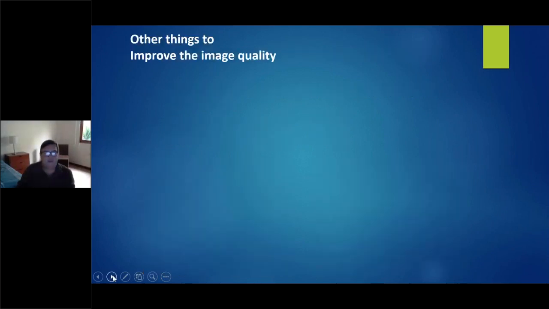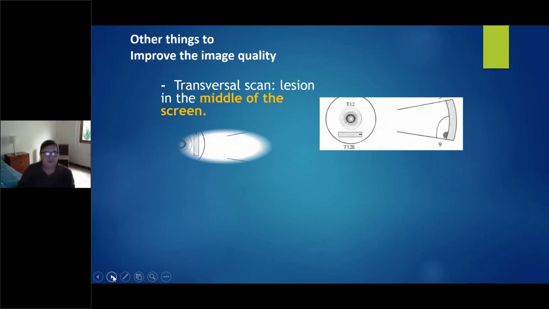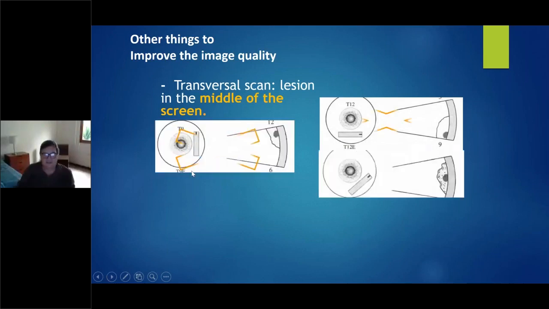Again, if you are using a transversal scan, you must center the lesion, and be sure between which area it lies. I mean, this lesion should be in between 12, okay, 10, 11, and 8 or 7.